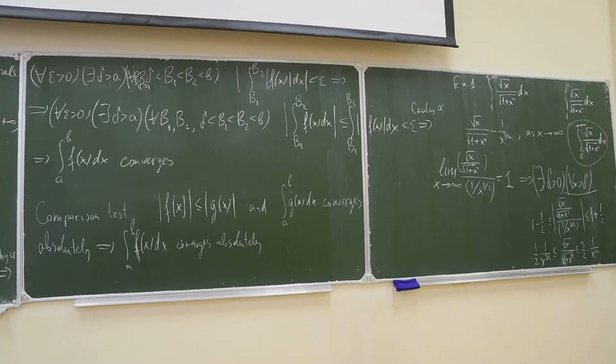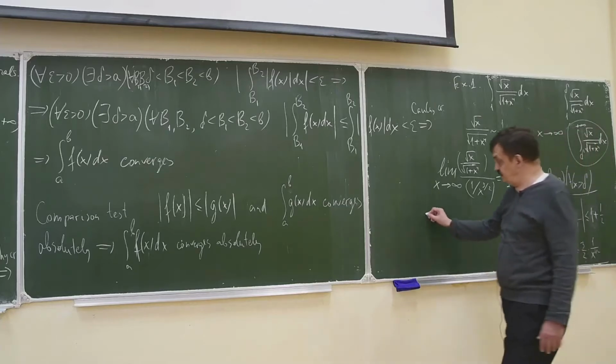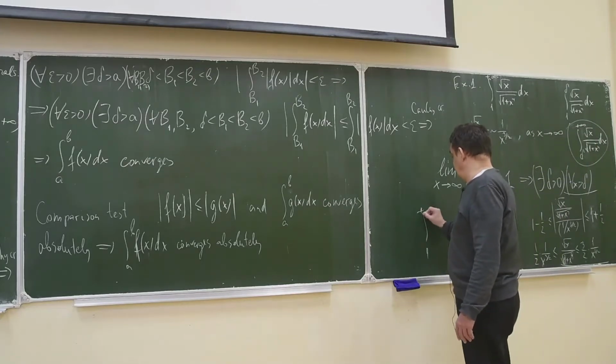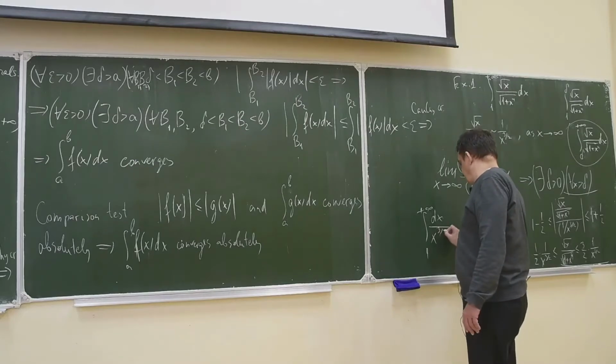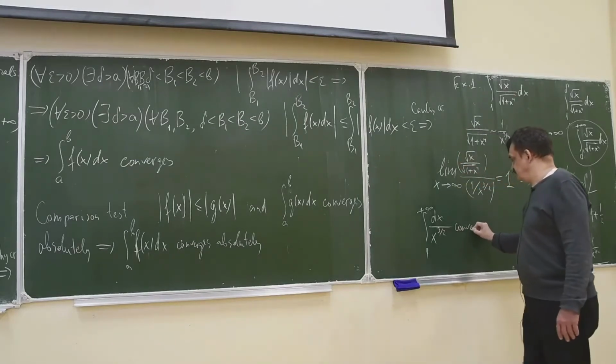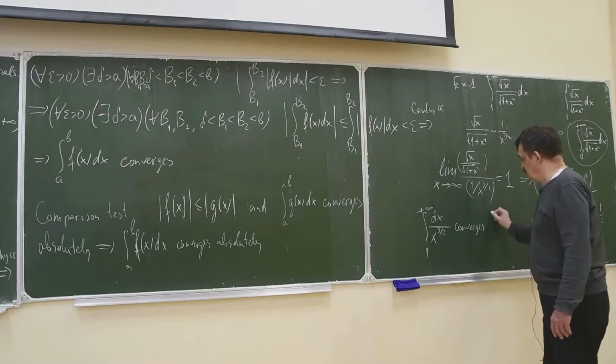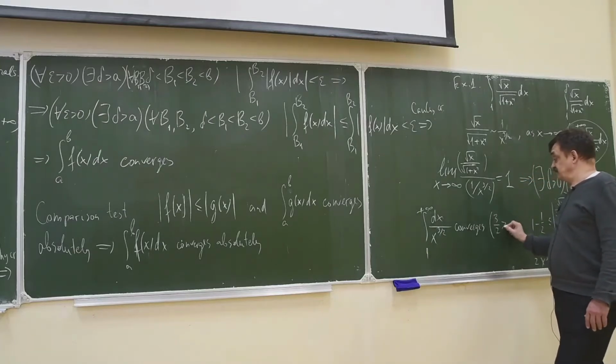And here we have such an inequality. So in particular, I may use just the right half of this inequality. We know the integral from 1 to plus infinity dx over x to the power 3 over 2 converges, since 3 over 2 is greater than 1.